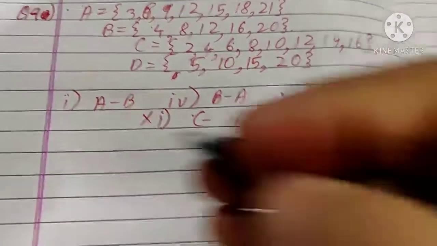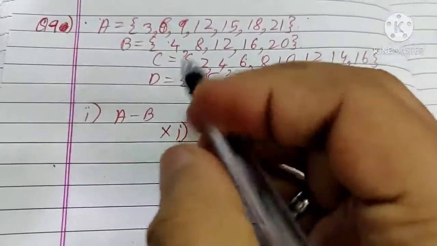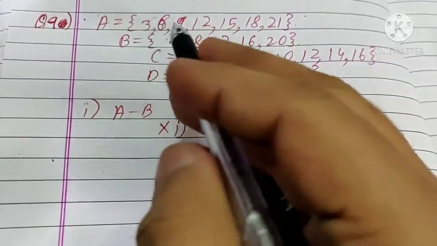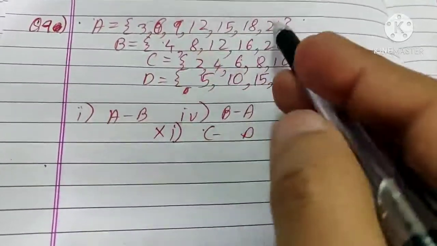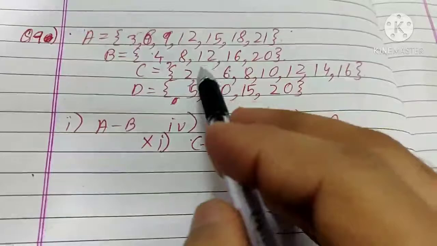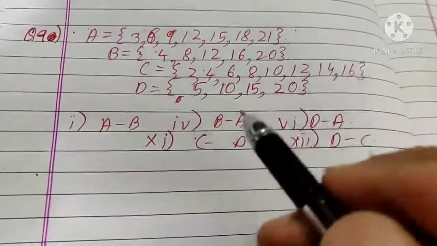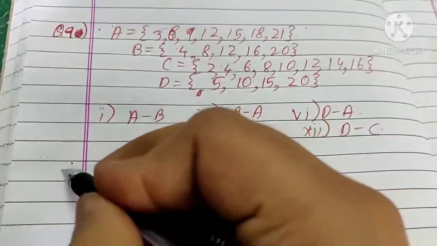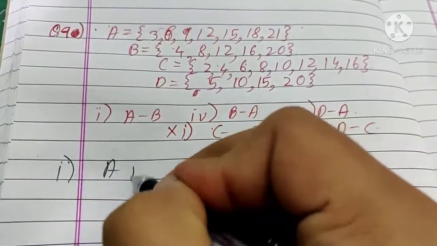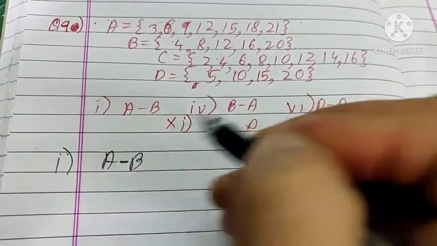So this is our next question. Here A is the set 3, 6, 9, 12. These are the multiples of 3. B is multiples of 4, C multiples of 2 and D multiples of 5. So we have to calculate A minus B. What is A minus B?